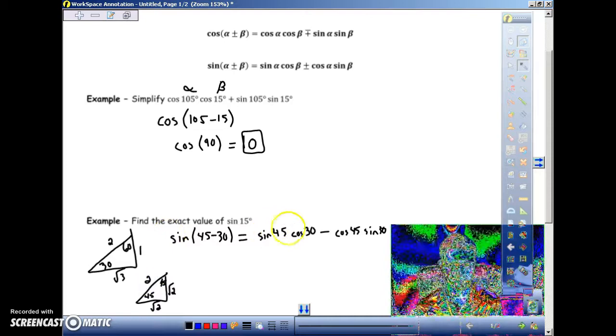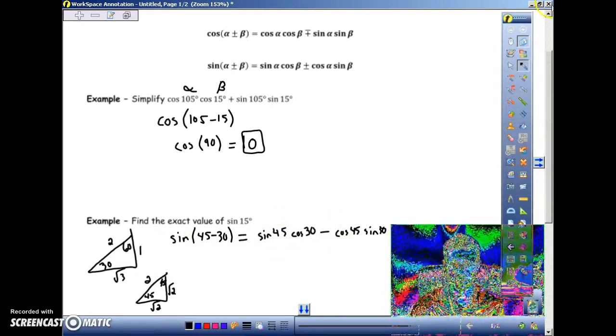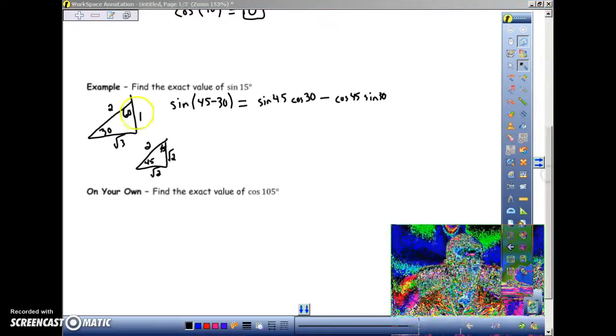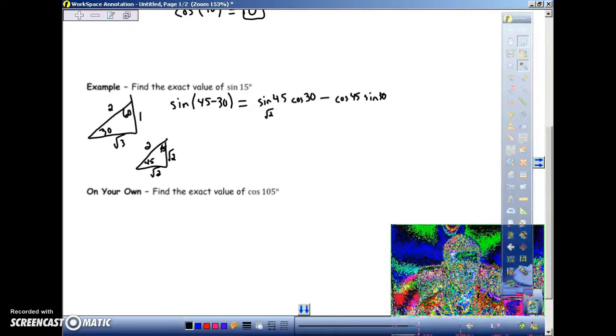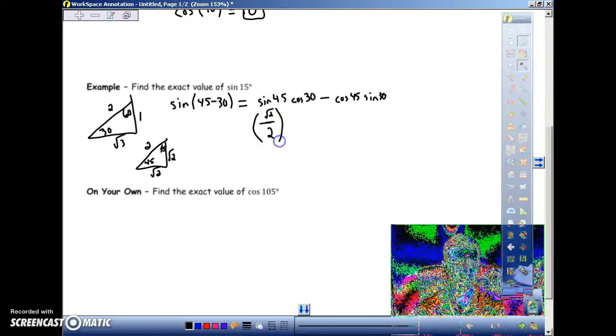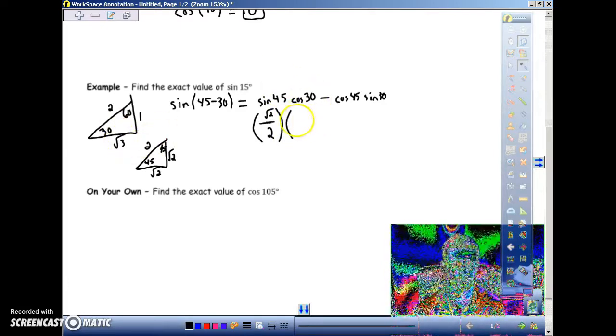So now what we can do is identify each one of these. So going through and identifying these, the sine of 45 is going to be the square root of 2 over 2. So it'll be this multiplied by the cosine of 30, which, if we look over here, is going to be the square root of 3 over 2.